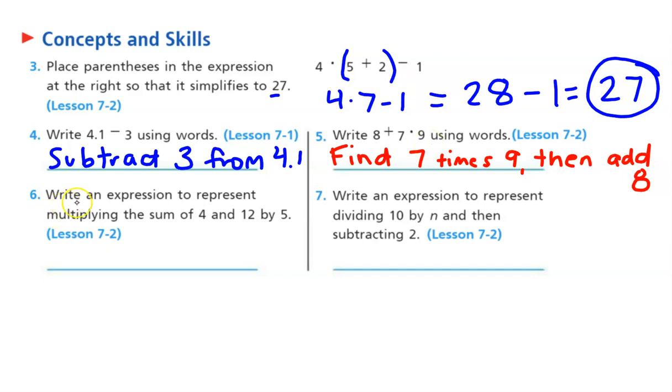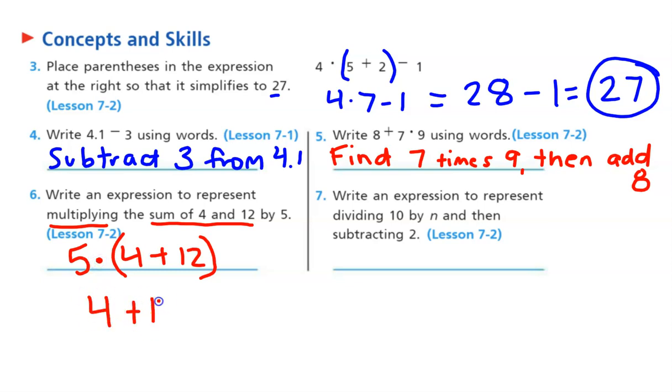Okay, number 6, write an expression to represent multiplying the sum of 4 and 12 by 5. So I need to add 4 and 12, which will be in parentheses, and then I'm going to multiply them by 5. You could either put your 5 in front, or you could even have done your 5 in the back. Both will work just fine. Okay?